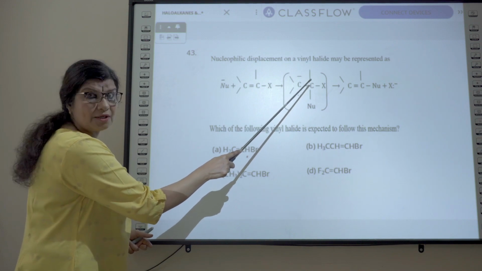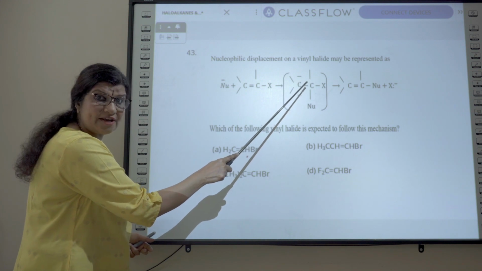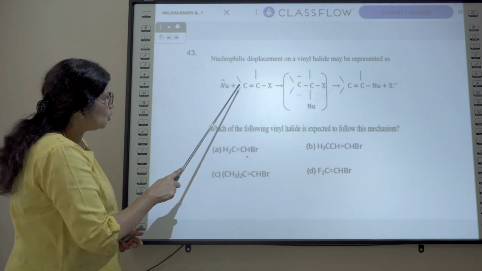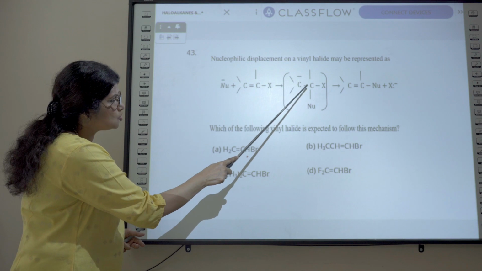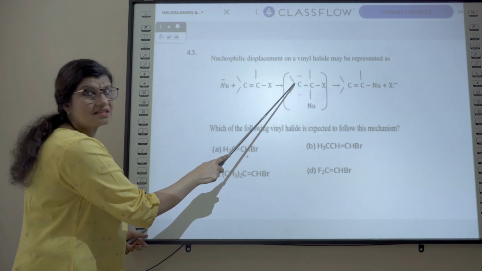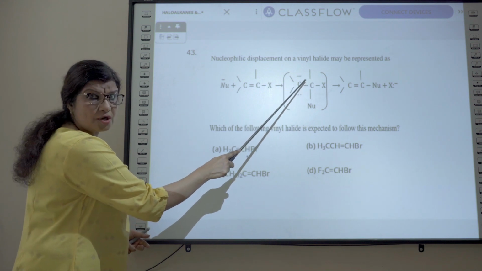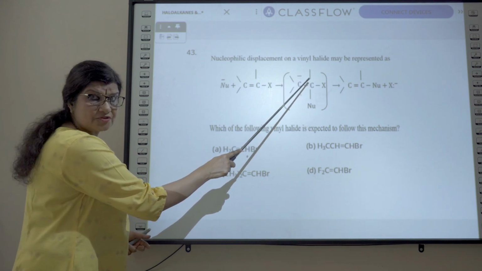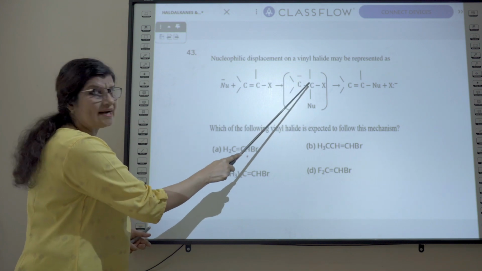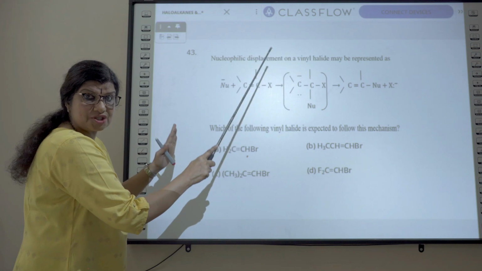Because this carbon atom was electron deficient. Why? Because the original pi bond holding these two carbon atoms is now shifted towards this carbon atom. Therefore, this carbon atom has lost one of its bonds, acquired a positive charge, and the nucleophile has got attached to it. That should be the understanding from the representation here.